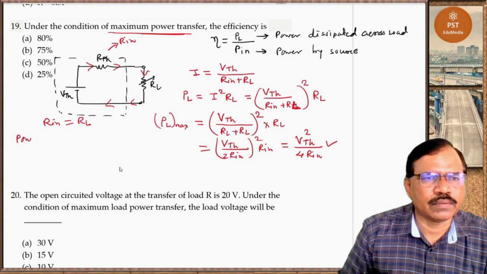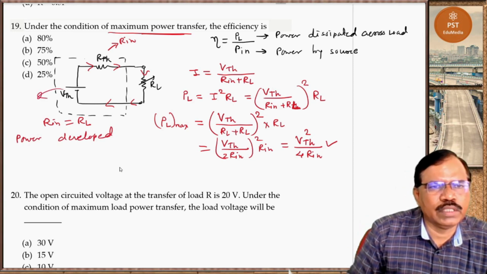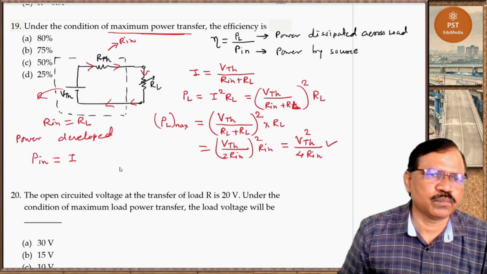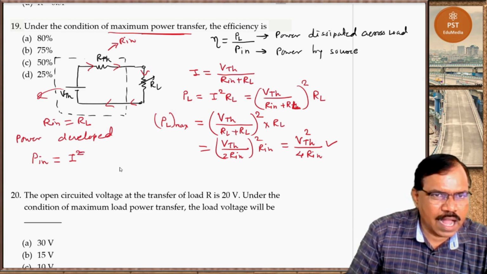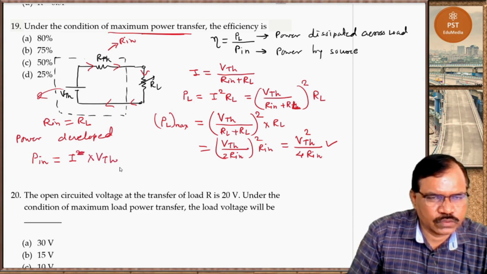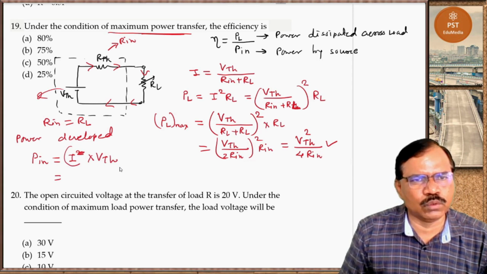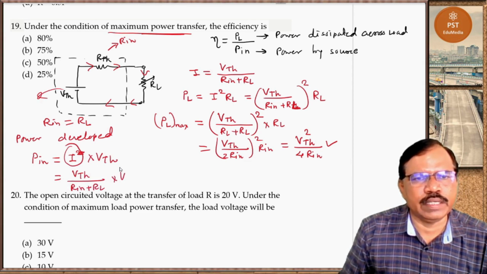Power developed in the source. So here power developed, or power in, is equal to I into VTH, voltage into current. Now this current flows through the source also. So I is VTH upon Rin plus RL, into VTH.